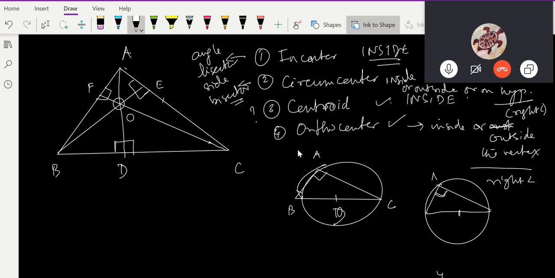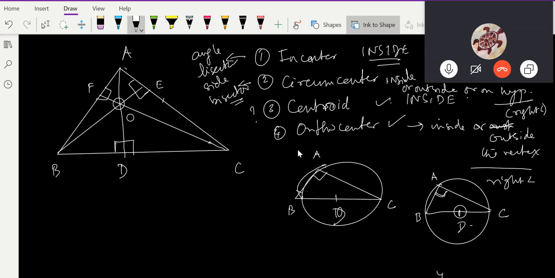So if it is a right angle triangle, then this becomes my circumcenter. Is it clear? Yes, sir. So therefore, the incenter and the centroid have to lie inside, right?